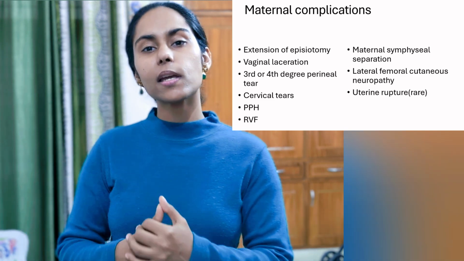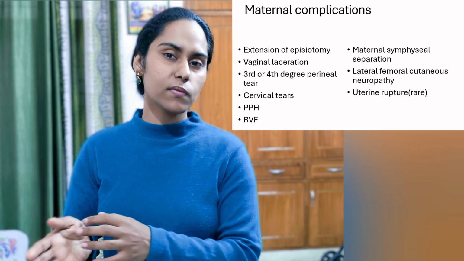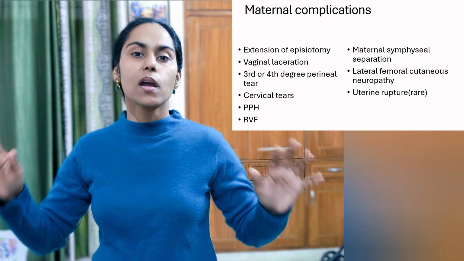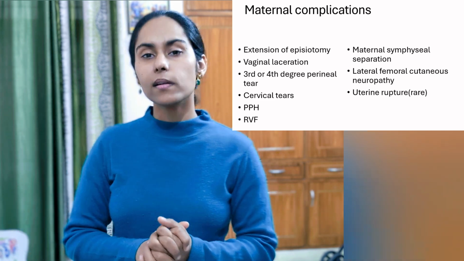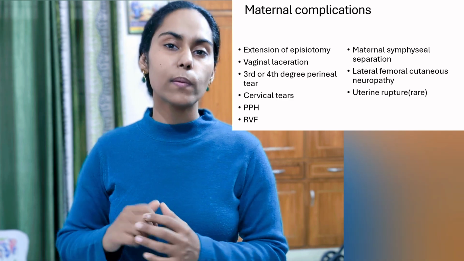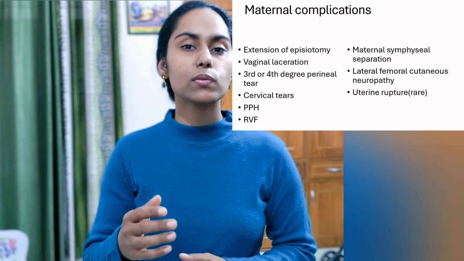In the long run, she can have fistula formations or maternal symphysial pain if any symphysiotomy was performed, or as such pelvic pains can occur. And while performing the McRoberts maneuver, if you abducted the legs too far, that may lead to damage to the lateral cutaneous nerve, so that may be injured.